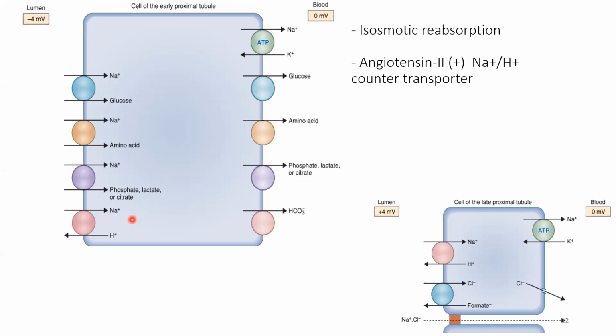If you do not understand this concept that I've just mentioned, ECF volume's relationship with angiotensin 2, please pause this lecture and go back to the lecture which describes angiotensin 2, when we discussed the TG balance, the tubuloglomerular feedback mechanism under GFR autoregulation.